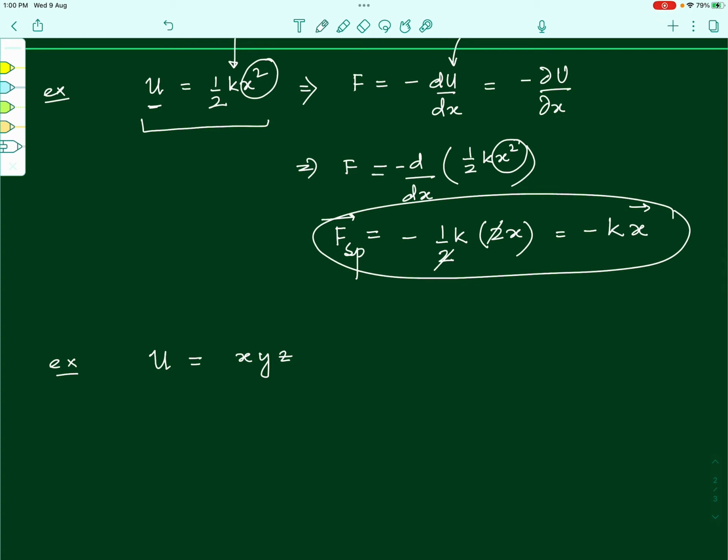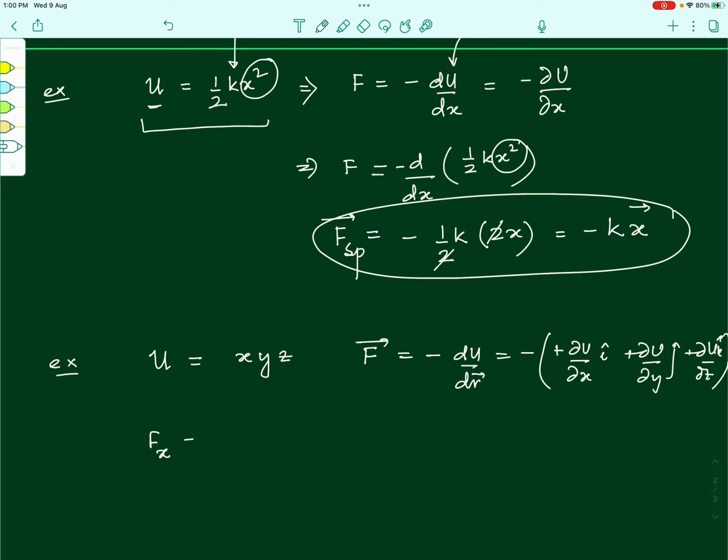So, can we say by definition, if force is given by minus of du by dr, which we can also write as minus of del u by del x i cap plus del u by del y j cap plus del u by del z k cap, we know that this means that fx, the x component of the force, will be minus of del u by del x, which will be, in this case, del by del x of, what is the potential function? It is xyz.